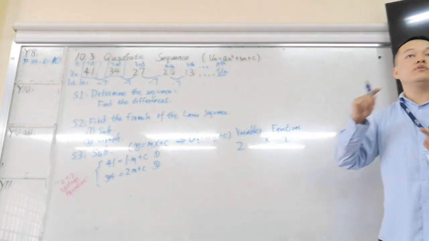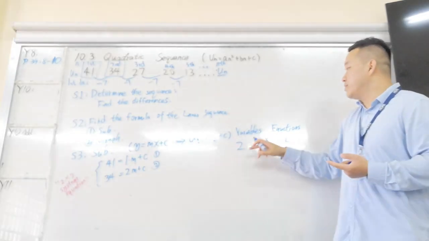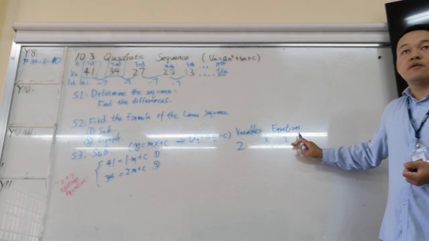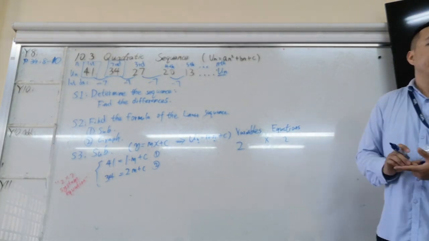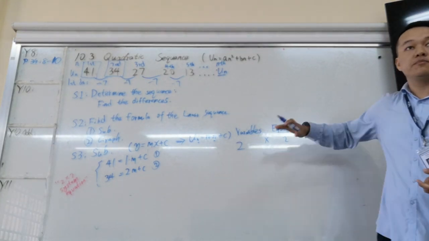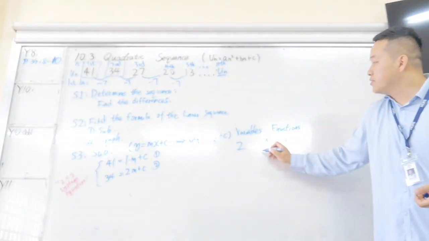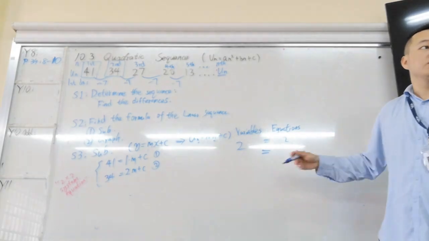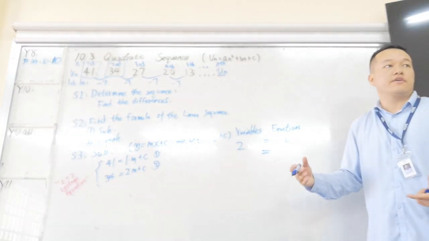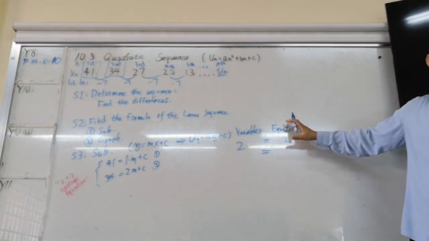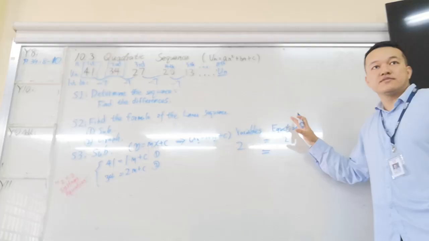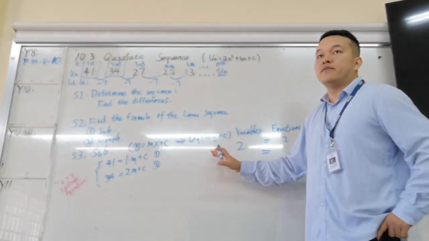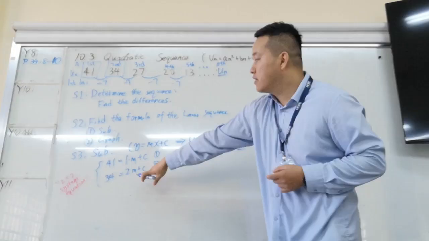If your number of variables is the same as your number of equations, your problems can be solved. Okay, keep this in mind. Only when your variables are equivalent to your equations, your problem can be solved. We're going to use the same concept to solve today's quadratic sequence. Okay, now let's get back to this question.